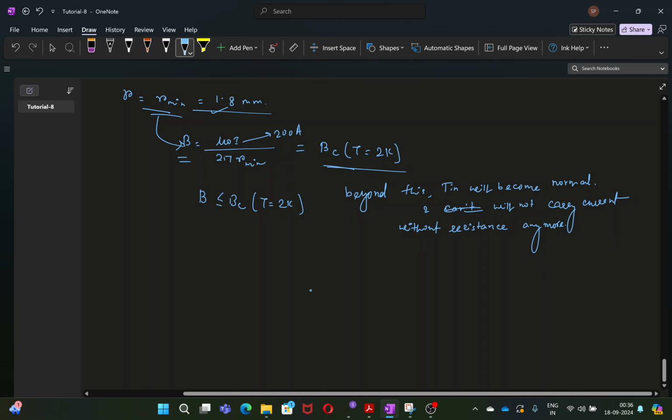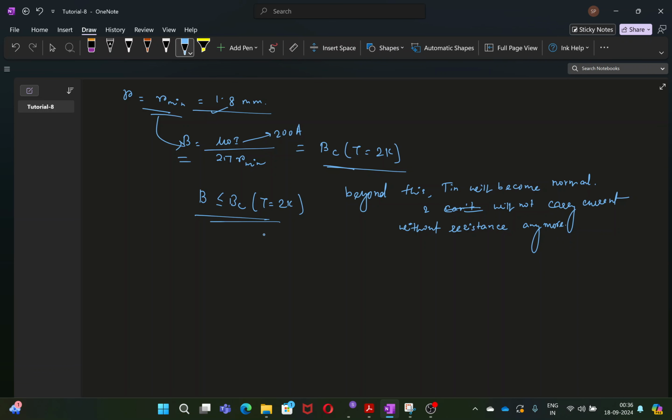So that is why this is your maximum limit that you have to hit: for R equal to R minimum, which is 1.8 millimeter, you hit your maximum value of field that you can go up to while keeping the material as a superconducting material and not letting it become normal.